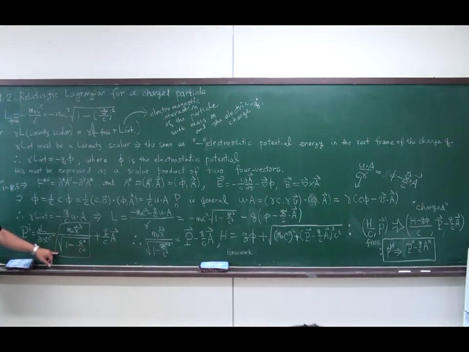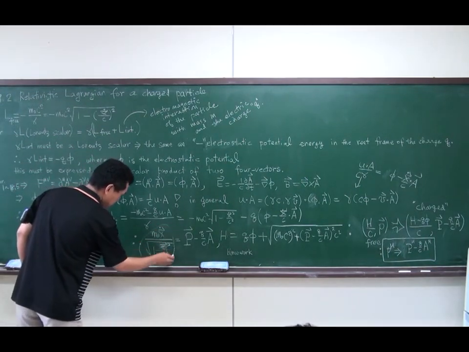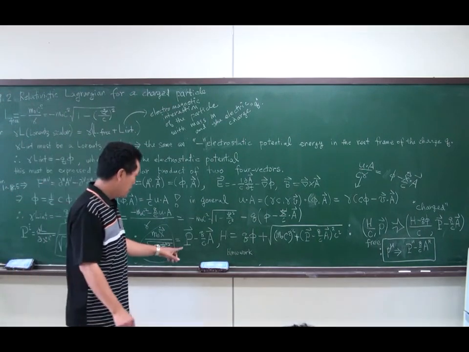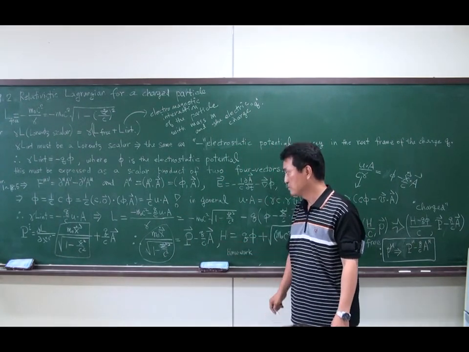So if I include the electromagnetic interaction, the replacement is from this free particle momentum to the conjugate momentum subtracted by q over c times the vector potential.